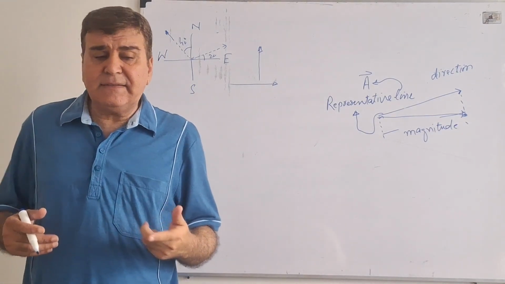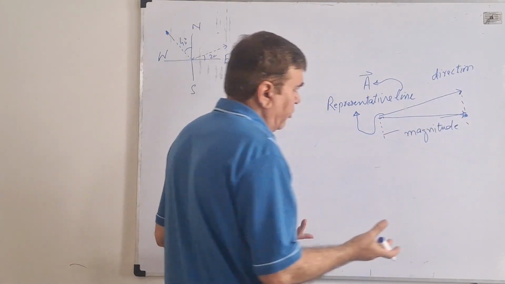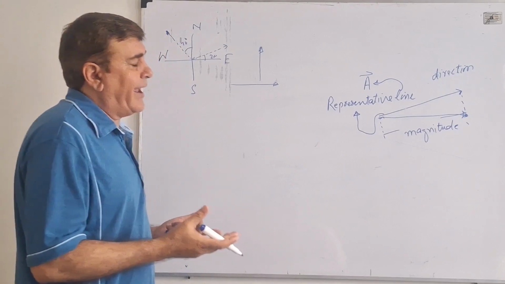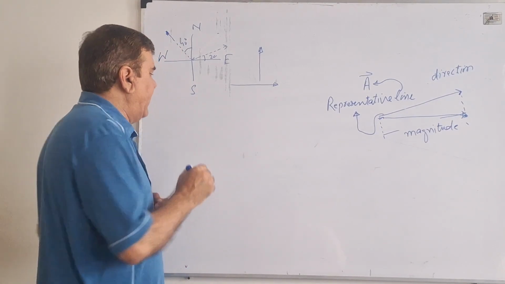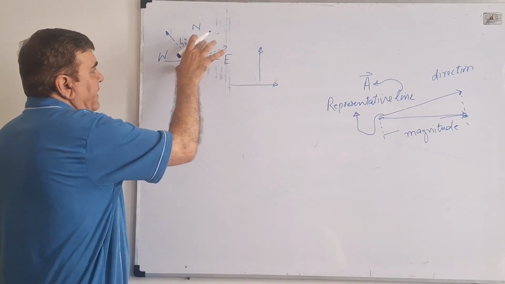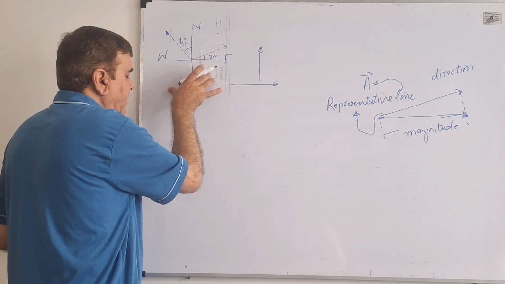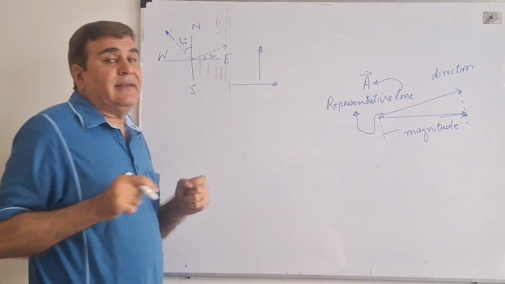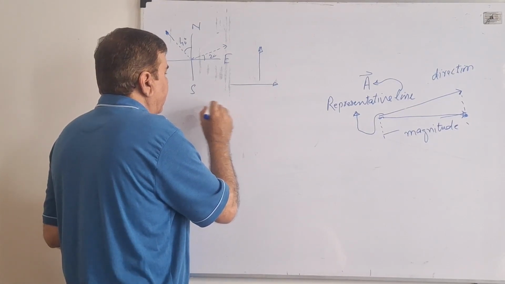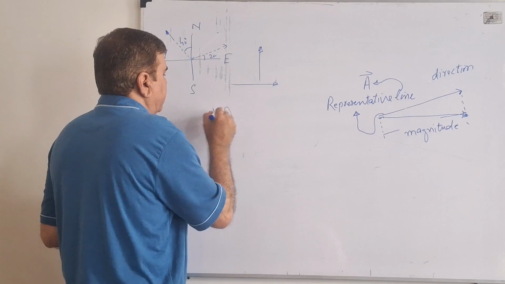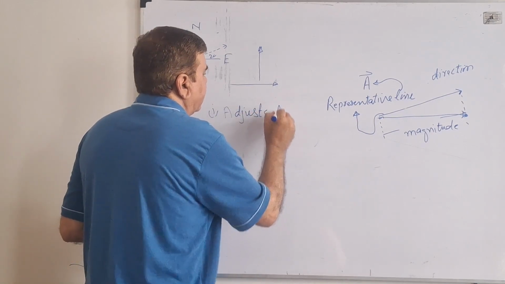Now the next thing is, how do we fix the length? Is that arbitrary? No, the length is not arbitrary. To fix the length of a vector, we take the help of a scale. And we construct, with this geographical indicator, the next thing, which is to fix a scale. And now scale does two things. Number one, scale adjusts length.